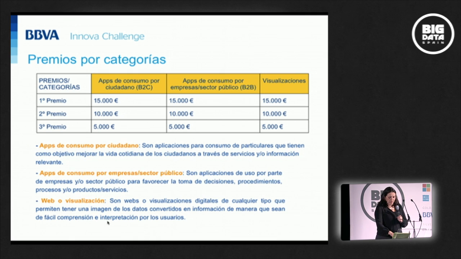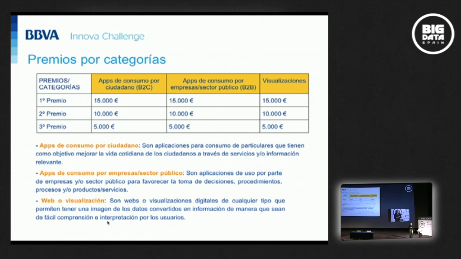So, this is a contest about big data, but we hope that you may create new applications, web pages, mobile apps, visualizations, anything you can come up with in any device or using any kind of programming language, okay? We have 3 main categories.